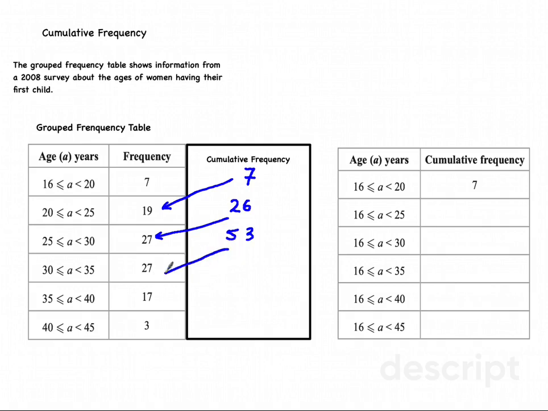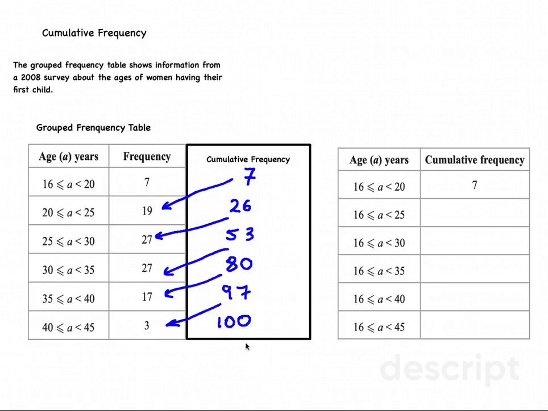We add on the next frequency, 53 and 27 is 80. Add on the next frequency, 80 and 17 is 97. And finally, we add on the last frequency and we have 100.